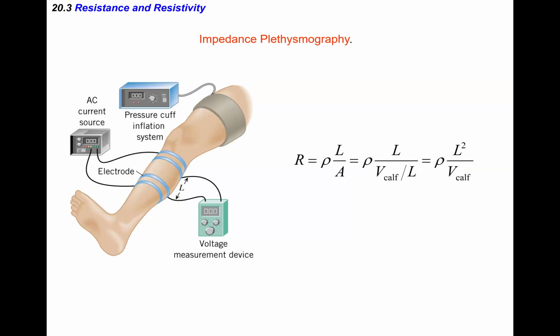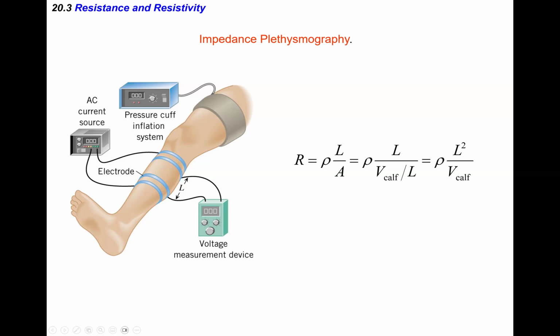Okay, and here we can calculate the impedance of this seismography. So what is this? This is how to calculate the area. So area will be equal to volume divided by length. So that's why here R equals rho L over A. So calculate the resistance of this device.